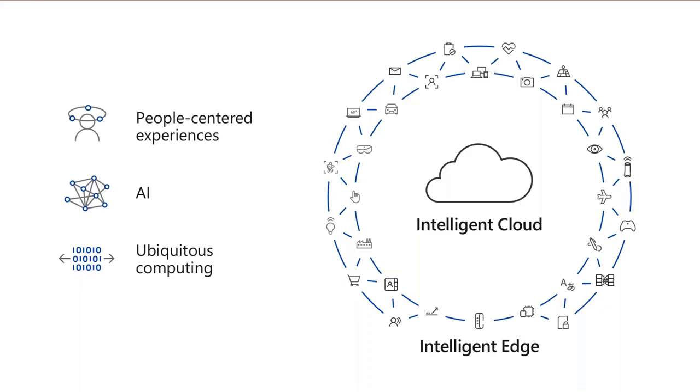And to power all of these, what we need is a ubiquitous distributed computing fabric. And that's where Microsoft has been leading its vision around what we are calling the intelligent cloud and intelligent edge. By definition, the intelligent cloud is ubiquitous computing enabled by public cloud for every type of intelligent application and system one can envision.